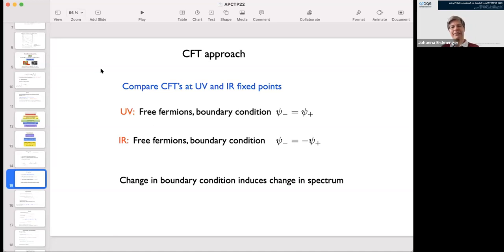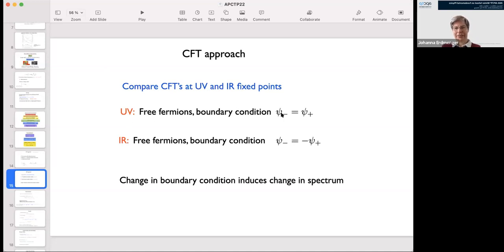So this is the essence of this approach of Affleck and Ludwig, and they build the representations of this infrared conformal field theory from the representations that are there in the UV. And so the idea is to compare the CFTs at the UV and IR fixed points.